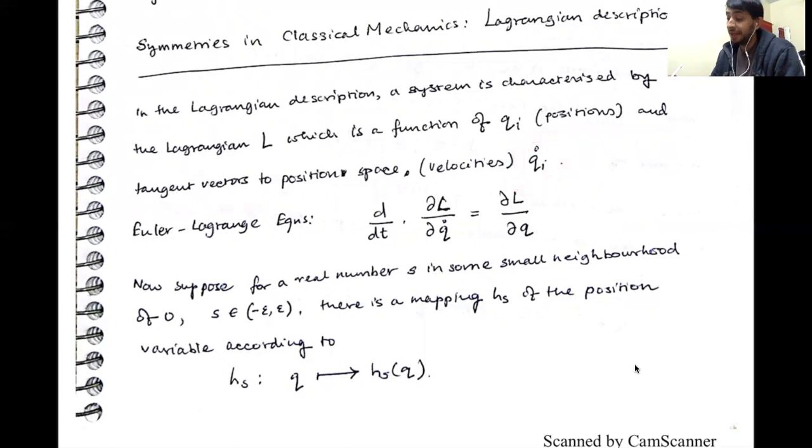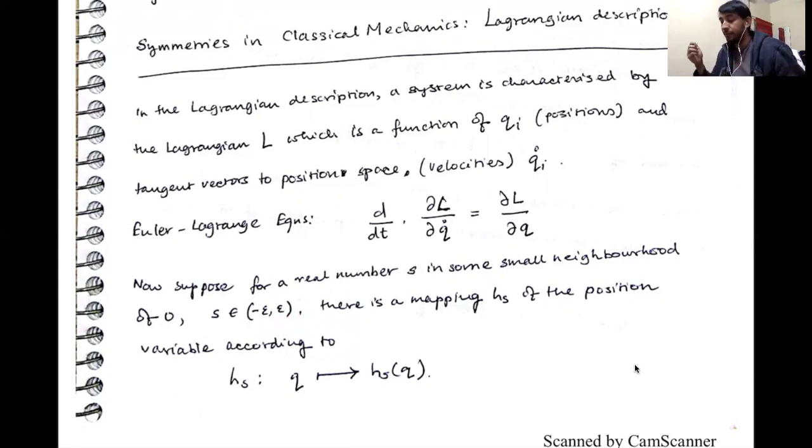Okay, and you have these Euler-Lagrange equations that you all are familiar with. And now suppose you have a real number s in some neighborhood of zero, such that s belongs to the range minus epsilon to plus epsilon.